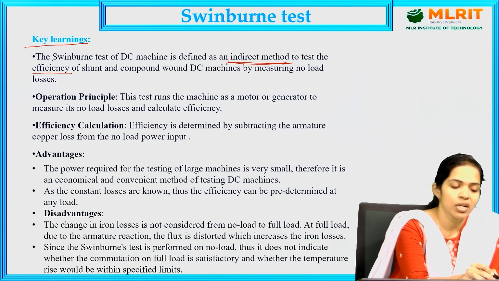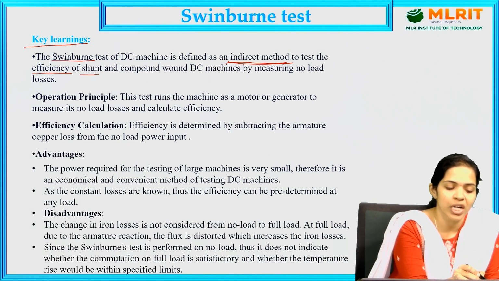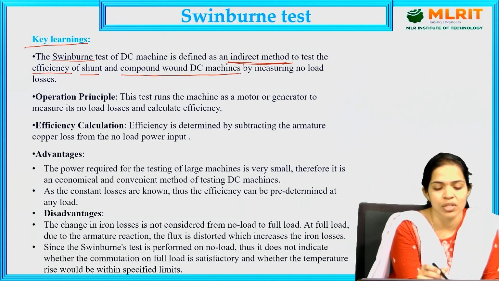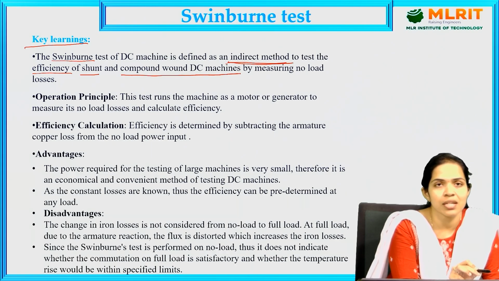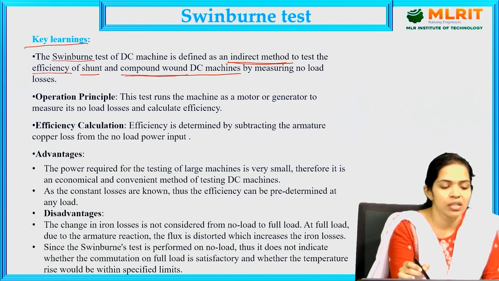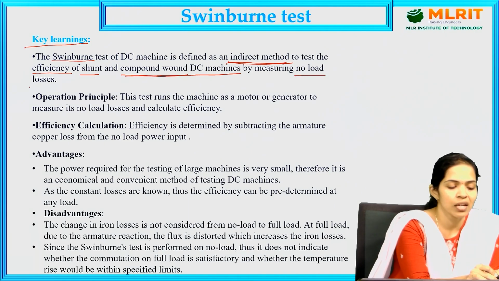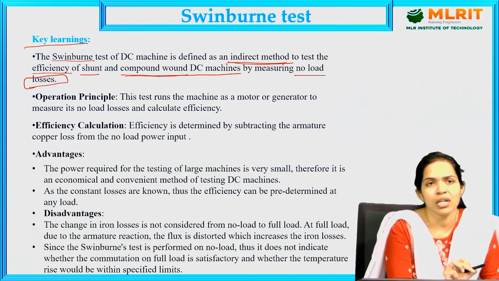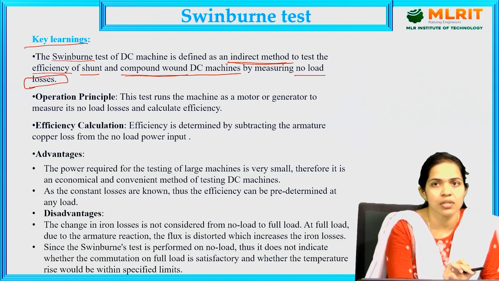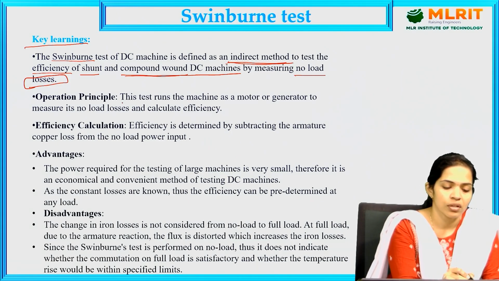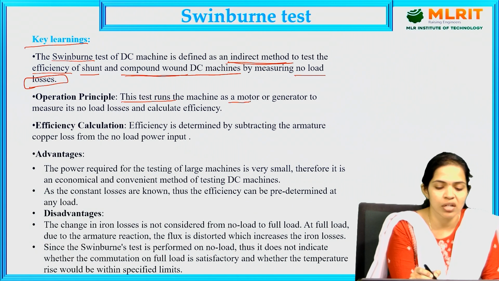This Swinburne test is basically applied for shunt and compound wound DC machines, by measuring the no load losses. By using the Swinburne test, we are going to calculate the no load losses or the constant losses. This test runs the machine as a motor or generator.